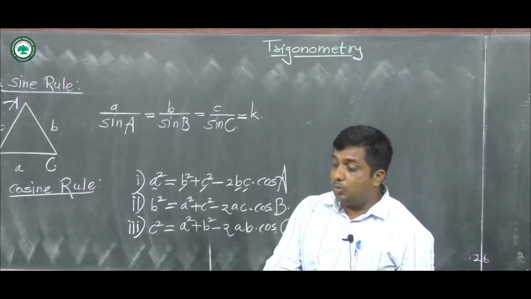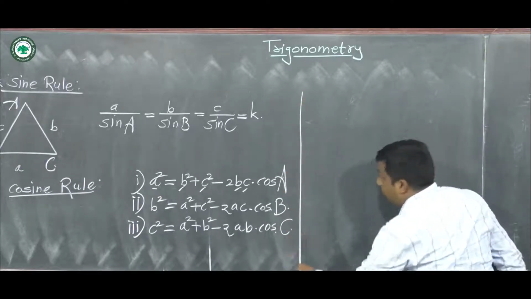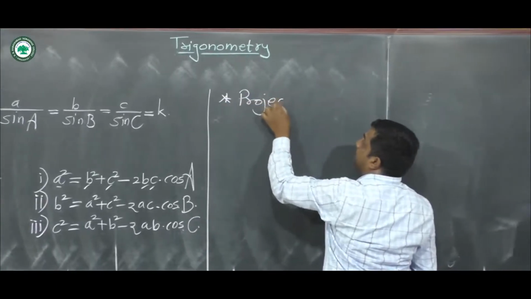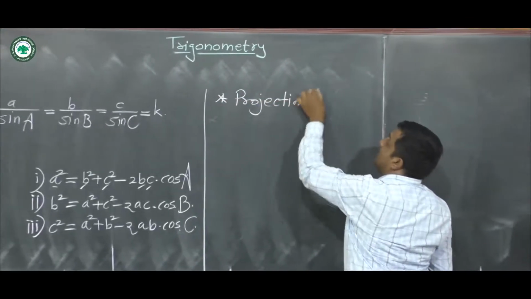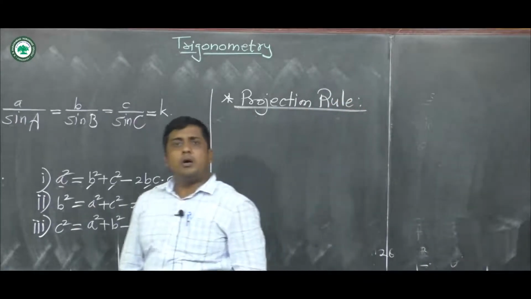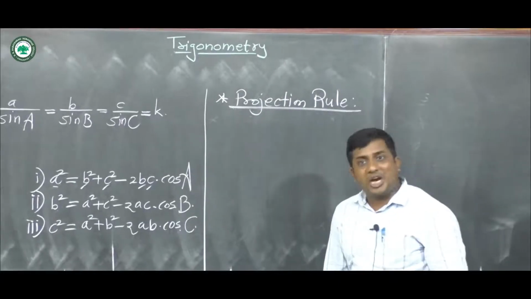Remember this cosine rule also. And in last we go with projection rule. Okay, here for again projection rule we consider angles and sides of the triangle.